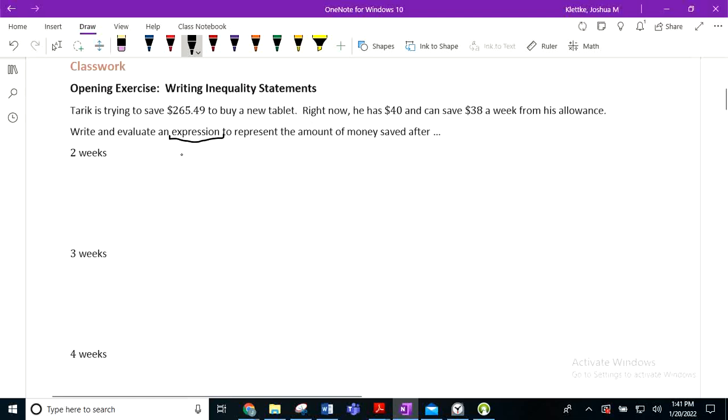So the amount of money saved after 2 weeks is going to be, and this will be the same for all of them, the money to start, and we're going to add that to the money from allowance.